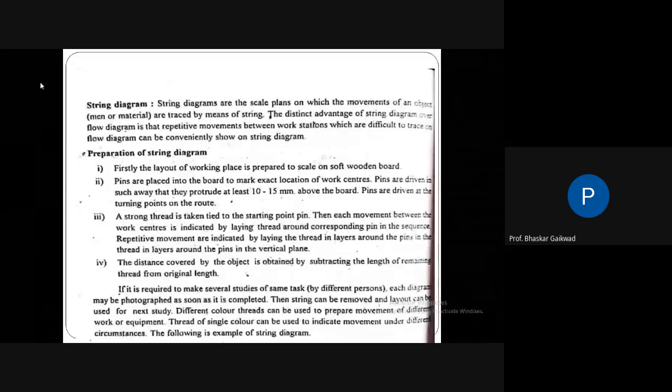After the pins are driven into the board, the third point is that a strong thread is taken and tied to the starting pin. You can make use of string and wind that string around the first pin. Then each movement between work centers is indicated by laying the thread, that is the string, around the corresponding pin in sequence, and repetitive movements are indicated by laying the string in layers around the pins, in the vertical plane also.